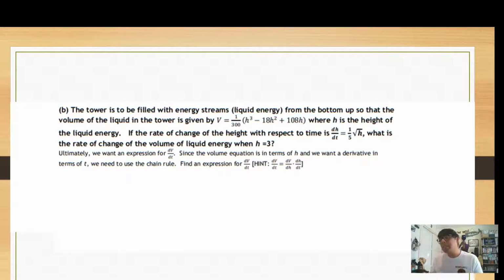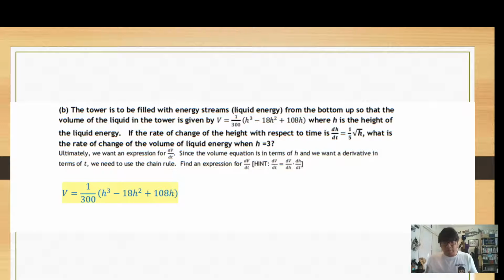So we need to take the derivative of a formula in terms of h with respect to t. That's going to involve using the chain rule. So you see over here in the hint, dV/dt is dV/dh multiplied by dh/dt. Let me say that again: dV/dt is dV/dh times dh/dt.